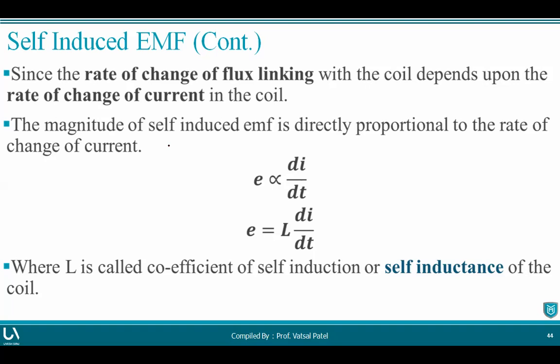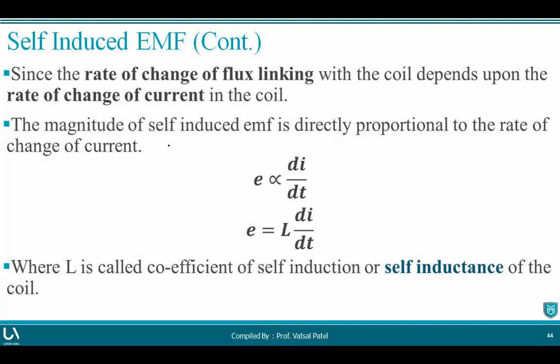But when you remove the proportionality, you write E is equal to L di by dt. That is what we call the self-induced EMF equation. L is the coefficient of self-inductance, or the self-inductance of the coil, because we have a core and on the core we have the coil.